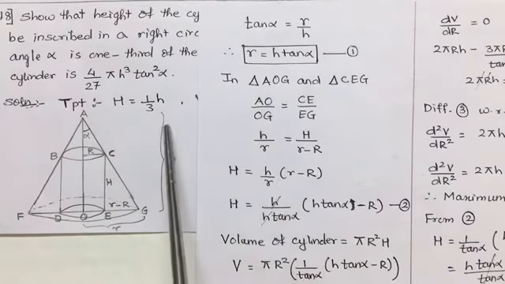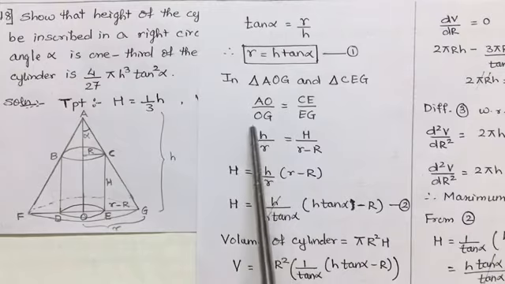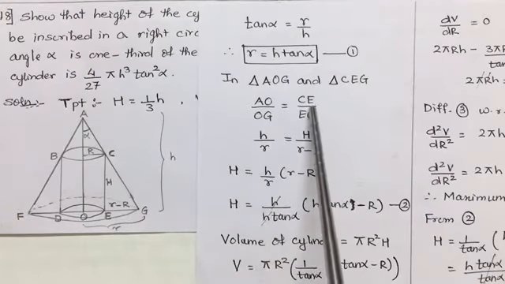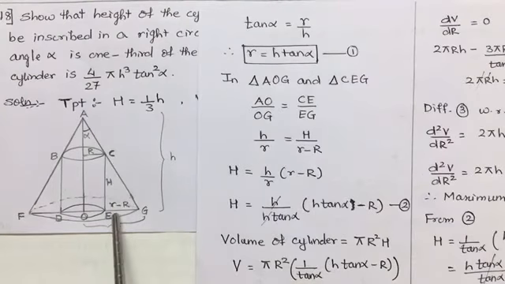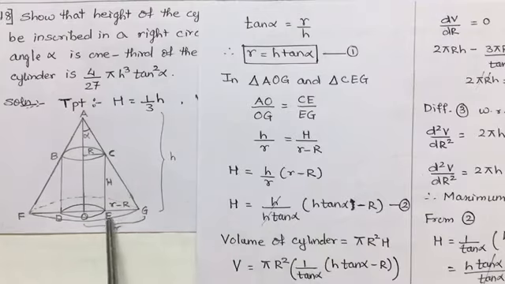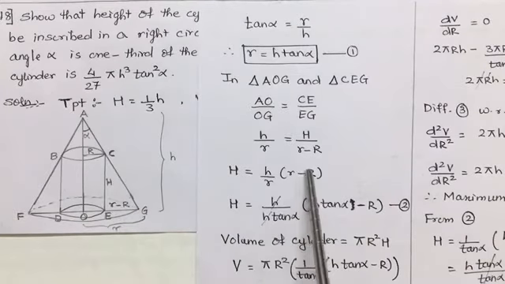Substituting the value of AO as h, OG is the radius of cone, that is r, CE is the height of the cylinder, that is H, and EG is r minus R, and then going for the cross multiplication, we will get H is equal to h by r, into r minus R.